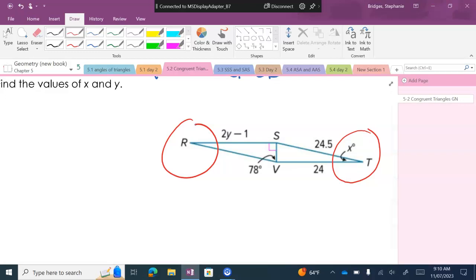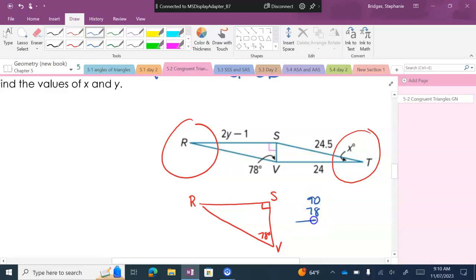Yeah. Let's look at this triangle right here. Okay, I'm going to rewrite it separately just so I can focus on it. This is R. This is S. This is V. That's marked here, and this one is 78. What does that little box mean? It's a right angle. So what we're going to have to do to find angle R is add our 90 degrees, our right angle, plus our 78 degrees.